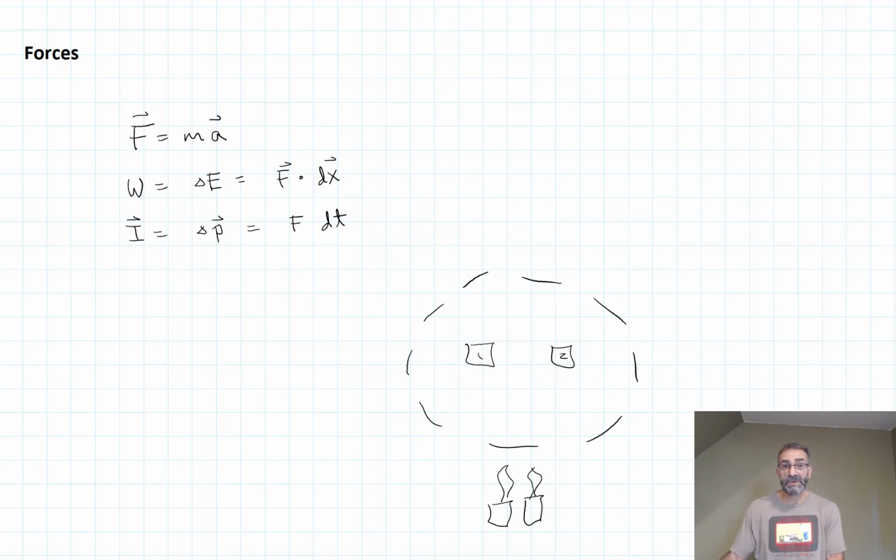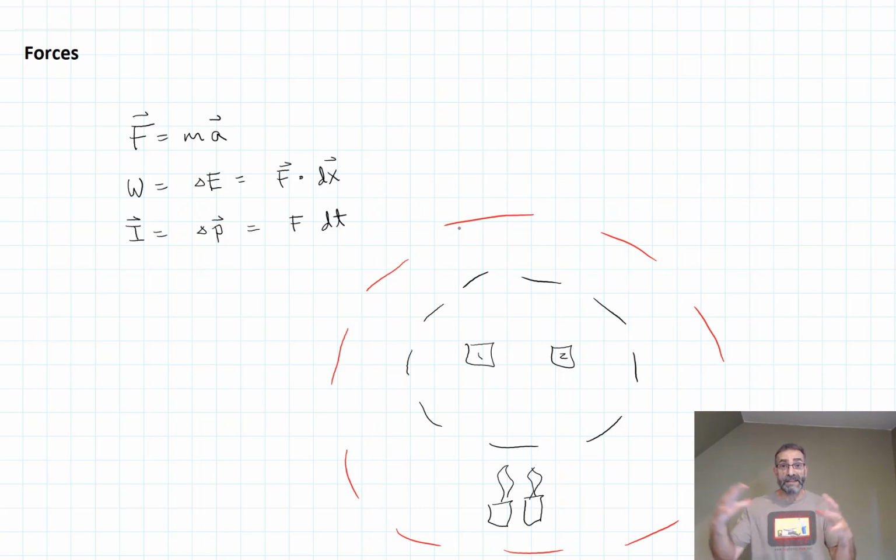Now, if I include the candles in my system, if I erase this boundary and draw a new boundary, I'll use red for my new boundary. Now, with my new boundary, energy is conserved.